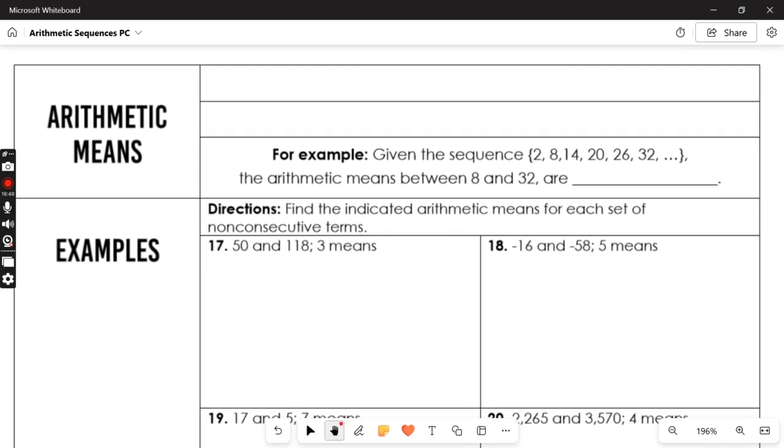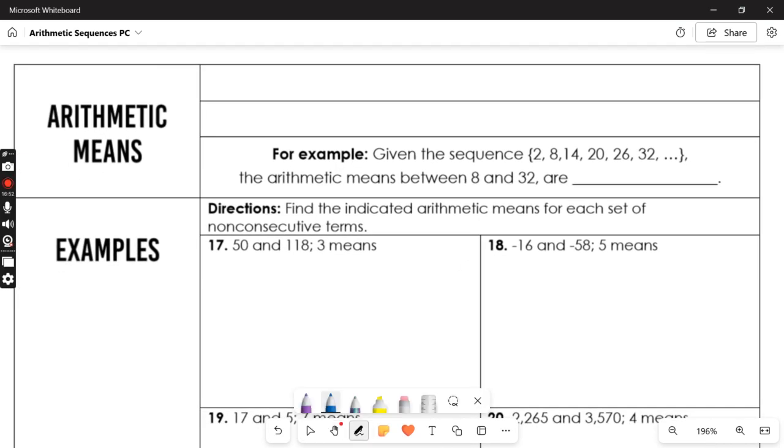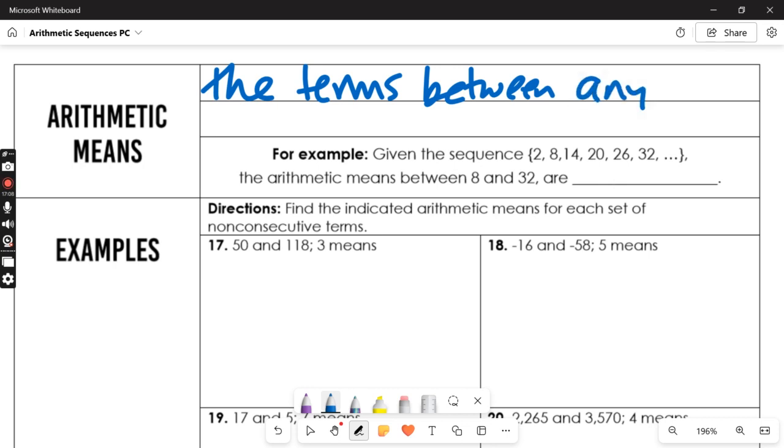Alright, so then we're going to talk about what's called an arithmetic mean. This is the terms between any two non-consecutive terms in a sequence.